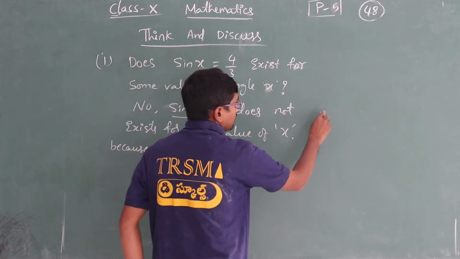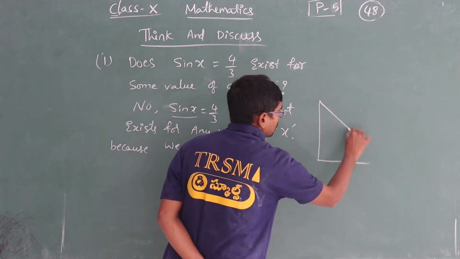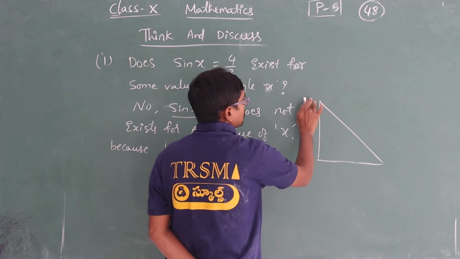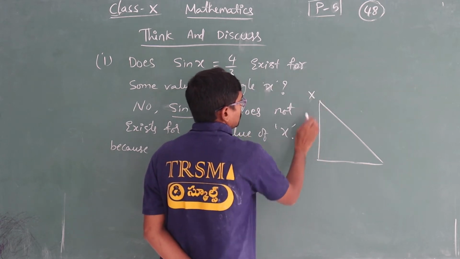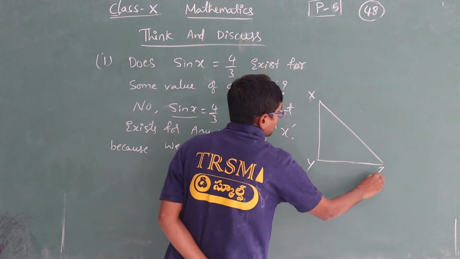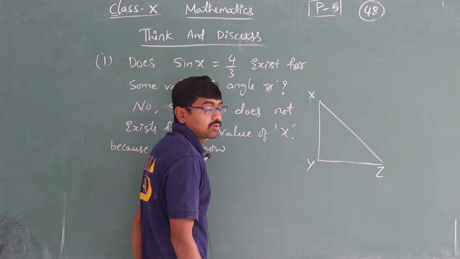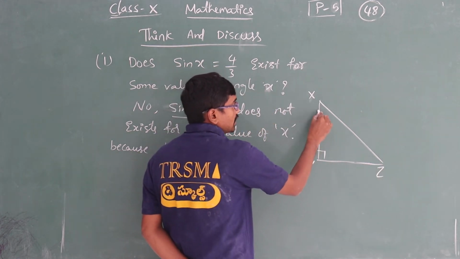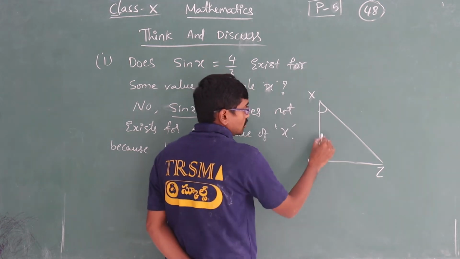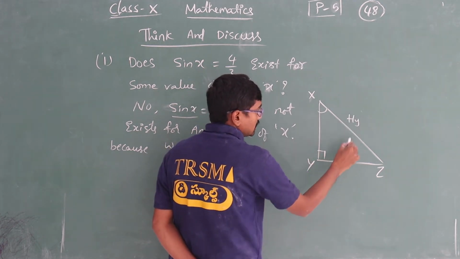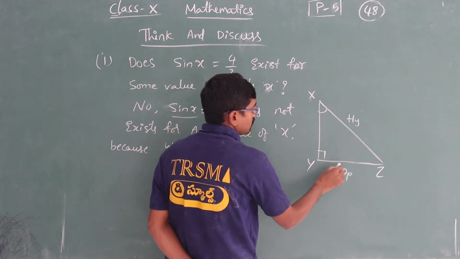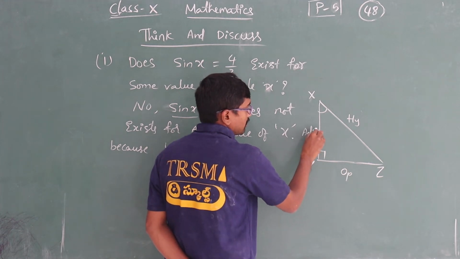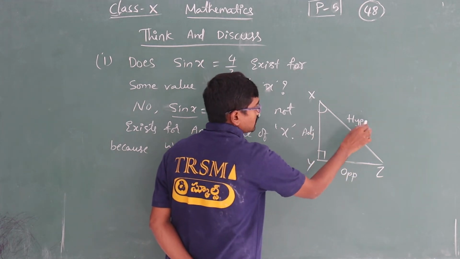If I have a right angle triangle here, let us assume the vertices as x, y and z. Here the right angle is at y, and here we have an acute angle. So this will become the hypotenuse side, this the opposite side, and this the adjacent side.